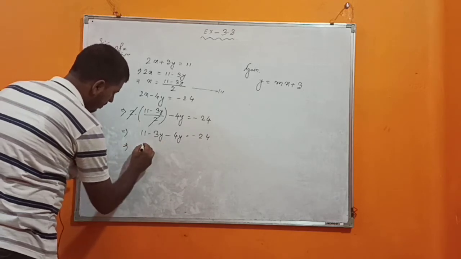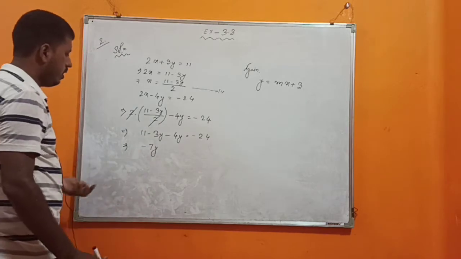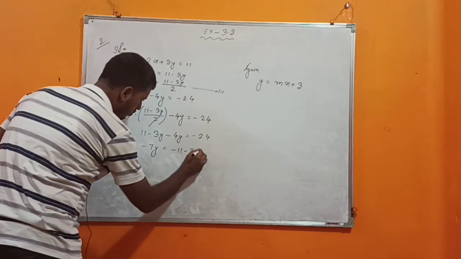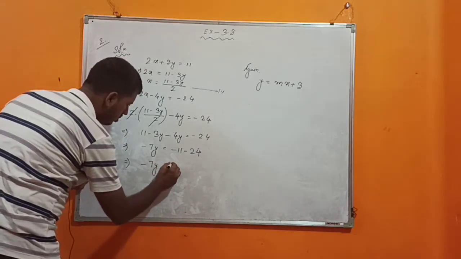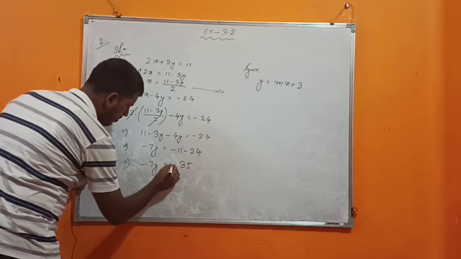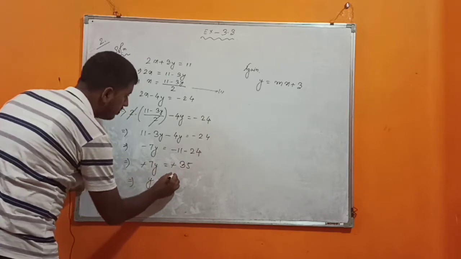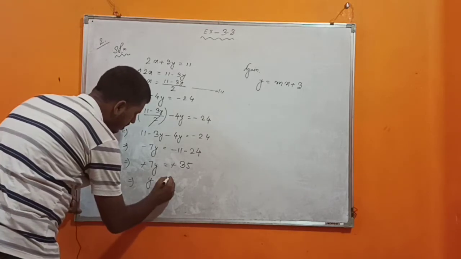So this will be minus 7y, that is minus 3y minus 4y will be minus 7y, is equal to minus 11 minus 24. So this will be minus 7y equal to minus 35, minus will be cancelled, so y equal to what? 5. Okay, y equal to 5.